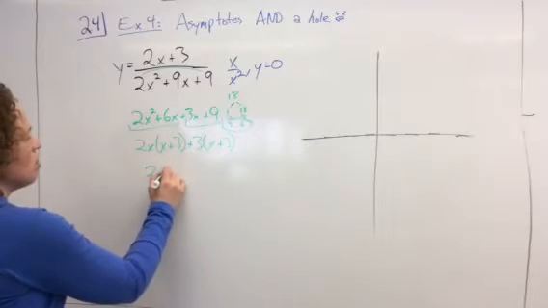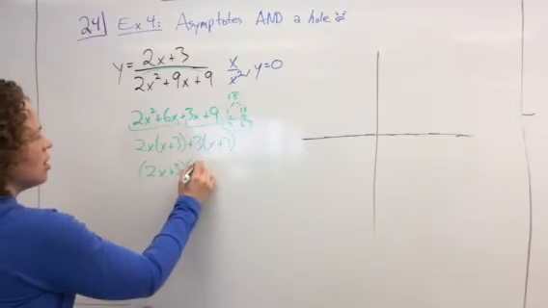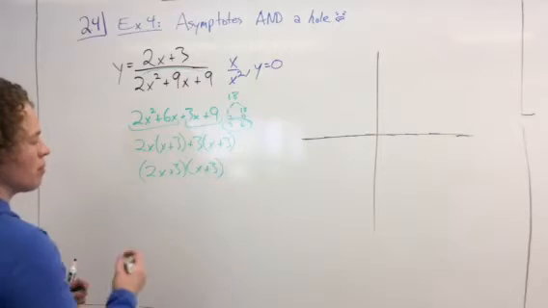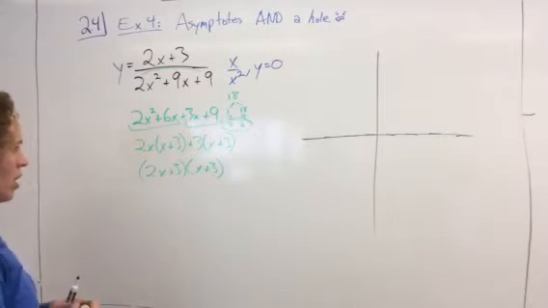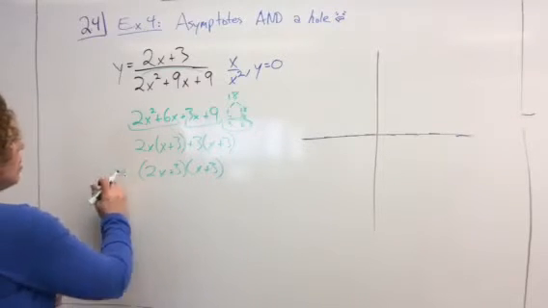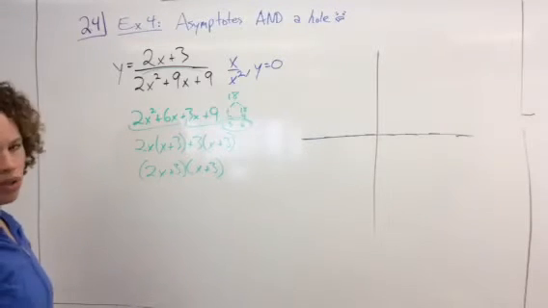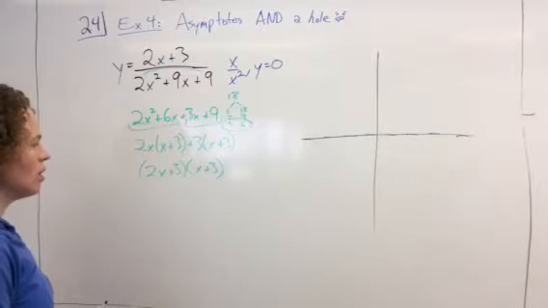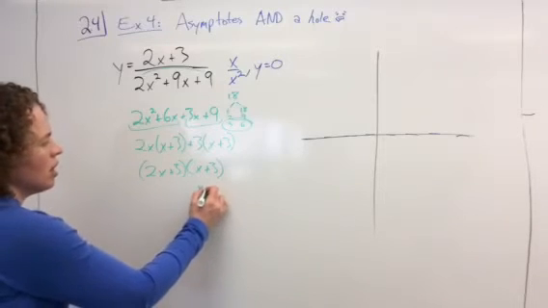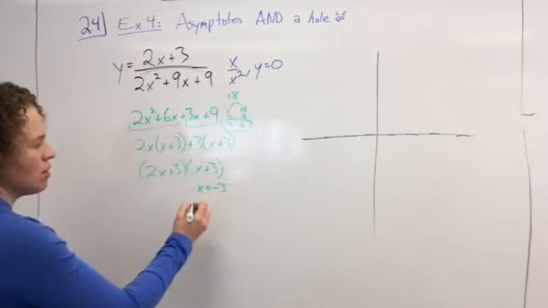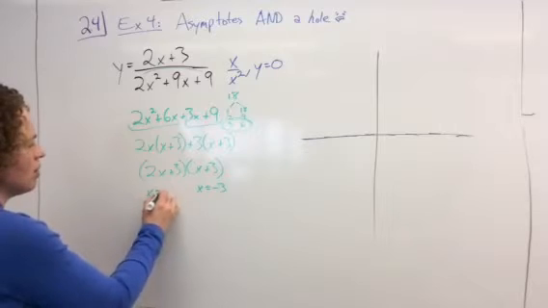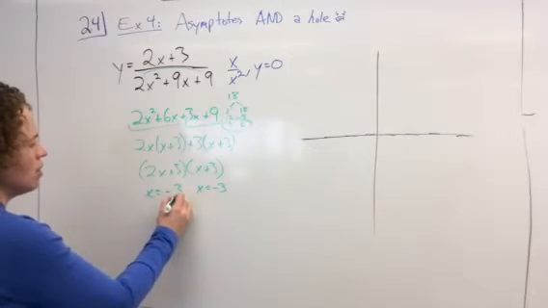So now I just group them: 2x plus 3 times x plus 3. These are the ones that are going to have to equal 0 for my asymptotes. So for this asymptote, I've got x equals negative 3. And for this asymptote, I've got x equals negative 3 over 2.